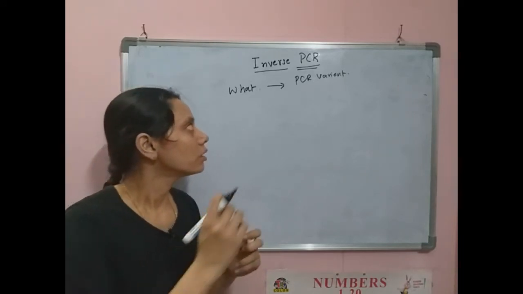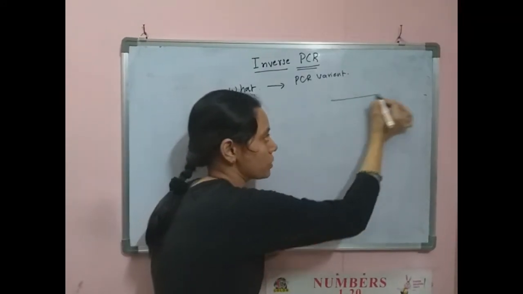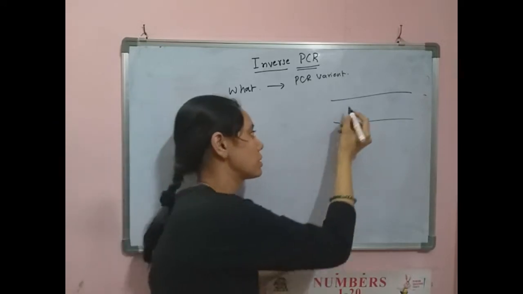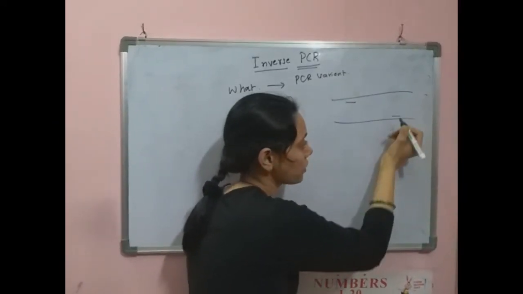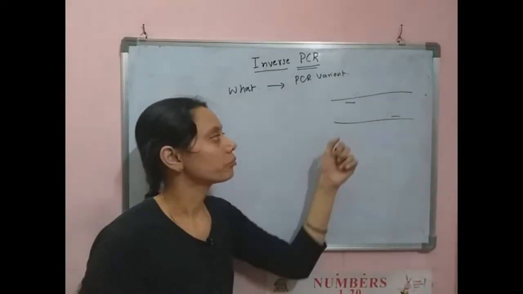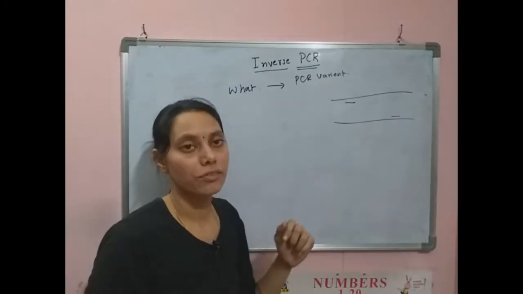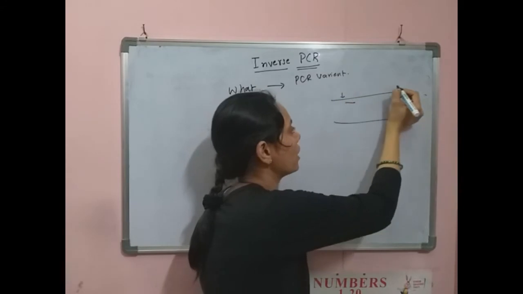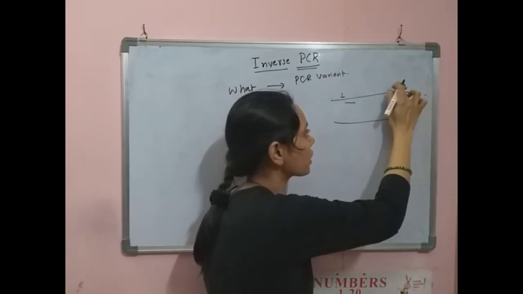During conventional PCR, we generally use one set of primers, that is one forward primer and one reverse primer. These forward and reverse primers generally cover the area of the target DNA.